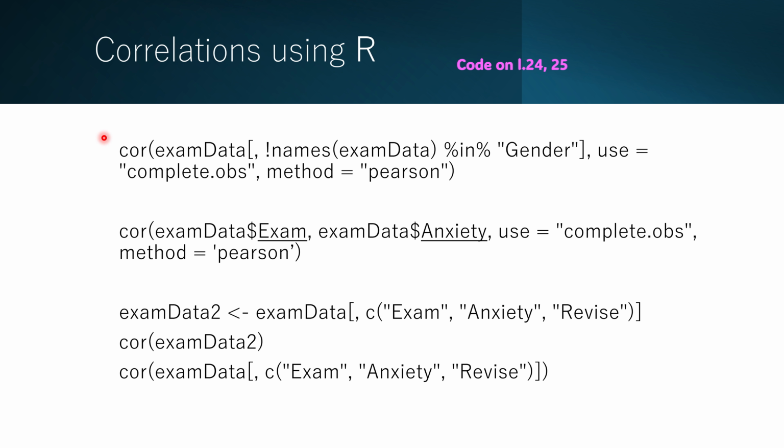So after that, we conduct cor. Then we can calculate the Pearson's correlations for exam, anxiety, and revise. Both forms produce the same 3 by 3 matrix for the chosen variables.